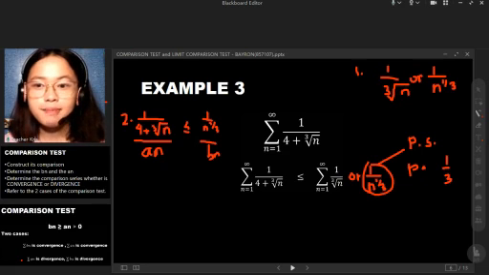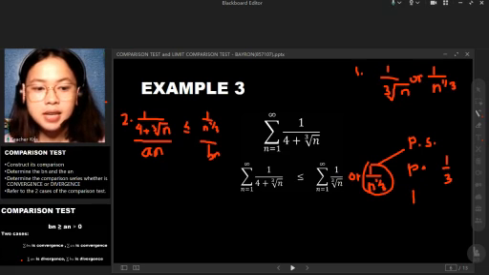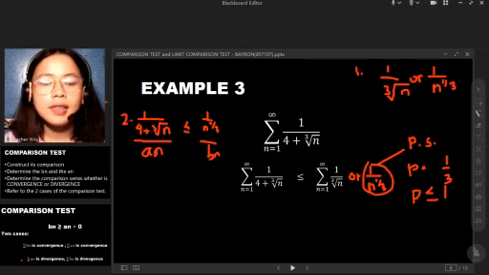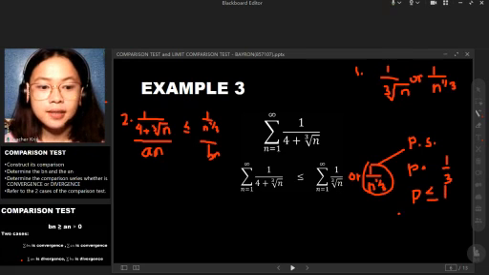The value of P here was 1/3. So if P is less than or equal to 1, therefore it is divergence.